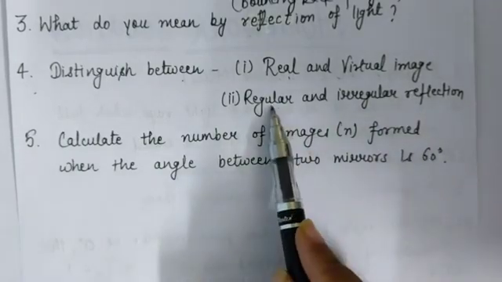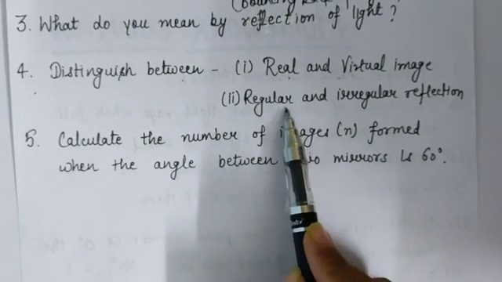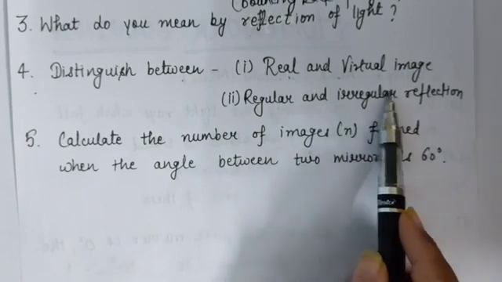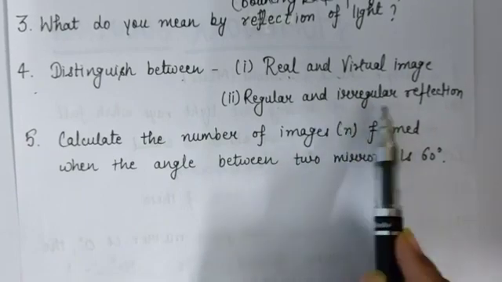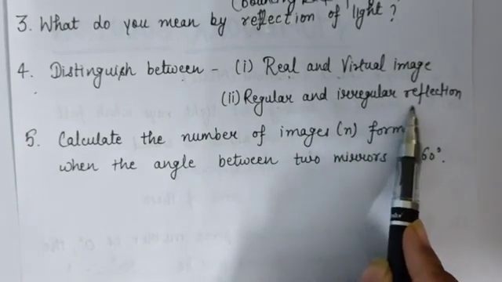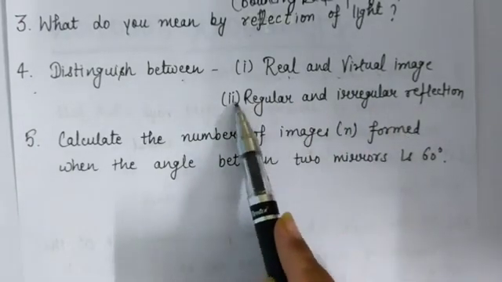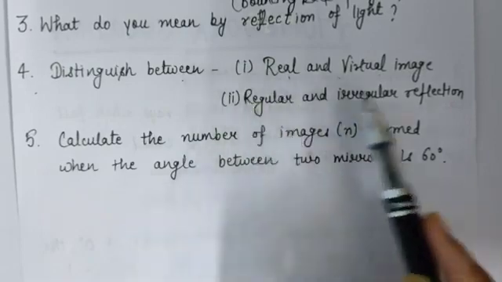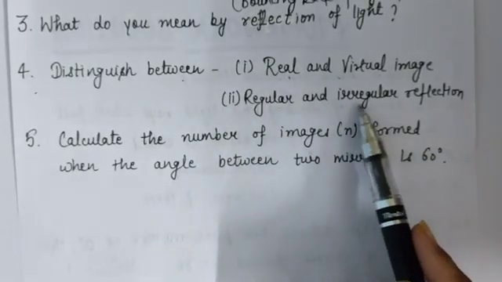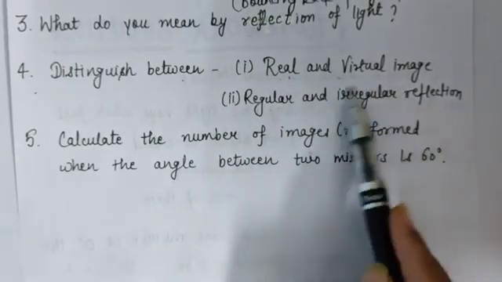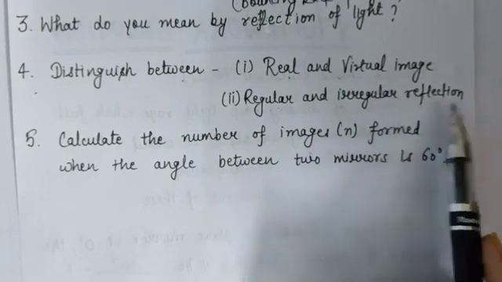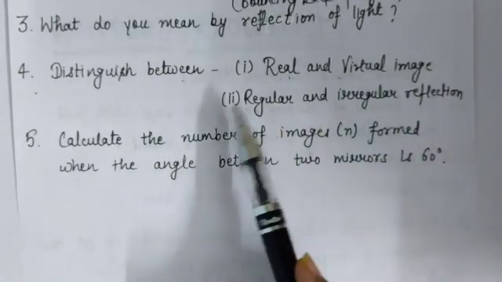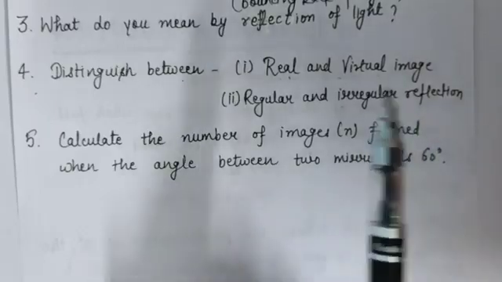The reflection caused by a smooth surface is regular reflection, and the reflection caused by a rough surface is called irregular reflection. The reflected beam of light is parallel in regular reflection, but the reflected beams of light in case of irregular reflection are not parallel. So this is the difference between regular and irregular reflection.